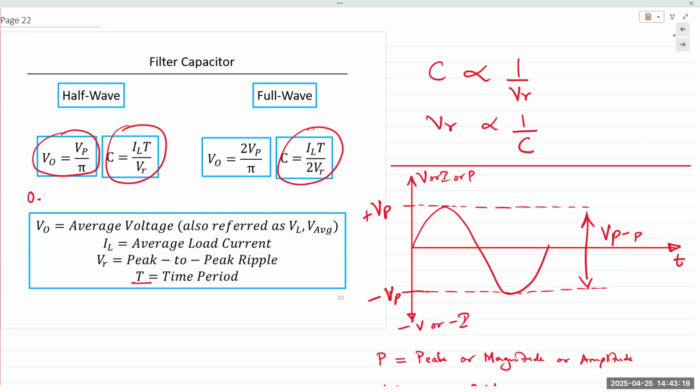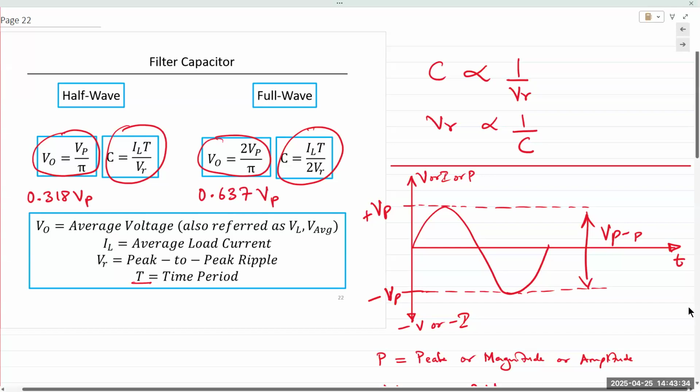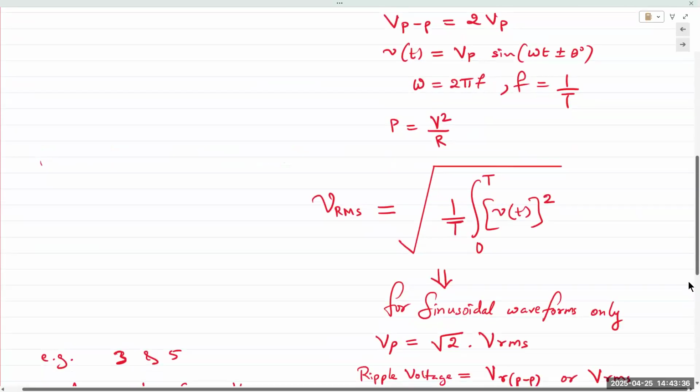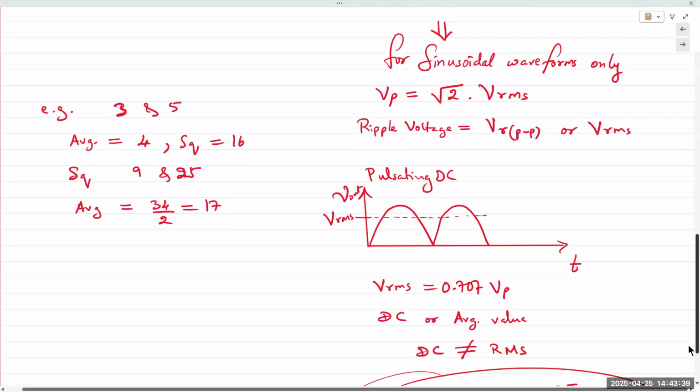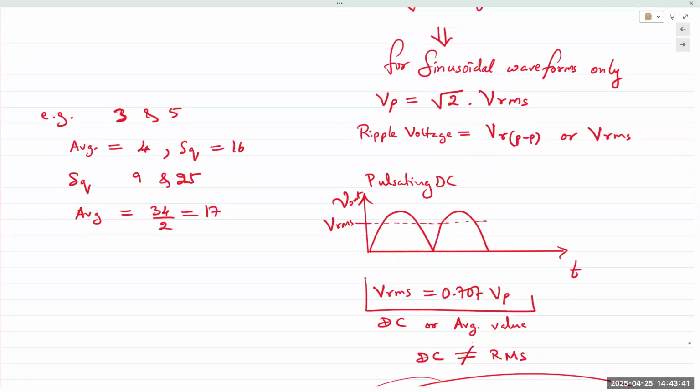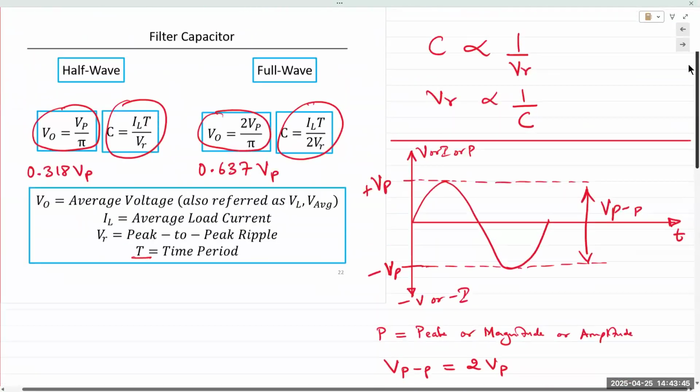That turns out to be 0.318 times VP. For a full wave rectifier, it turns out to be 0.637 times VP. And the RMS value, of course, is 0.707 times VP.